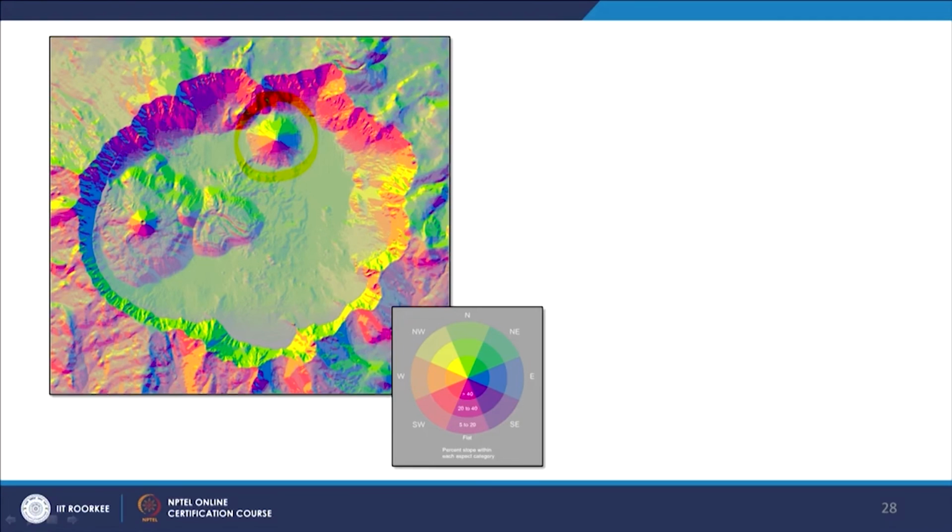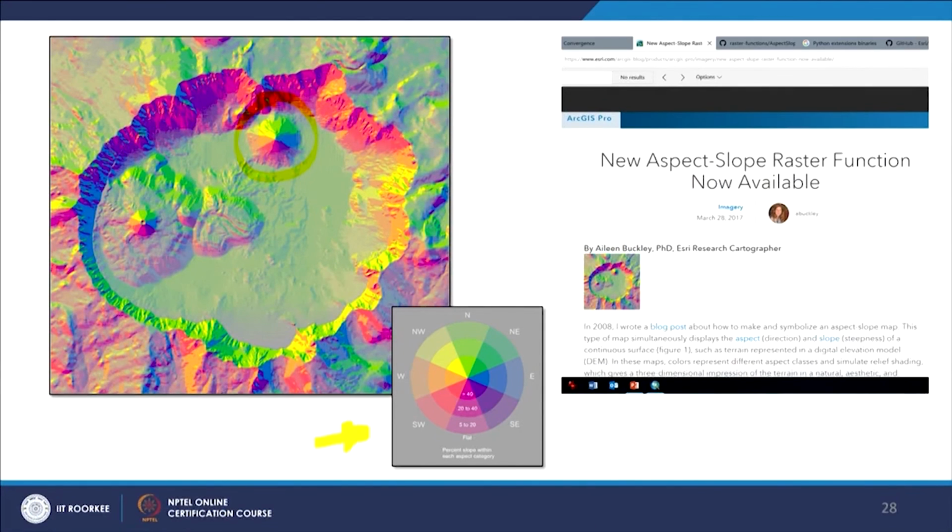Near the top you have very high slope values and therefore the colors are saturated. As soon as you go towards the bottom of that hillock within the crater, you see changes in color or changes in saturation of colors, as indicated in this legend or index circle.